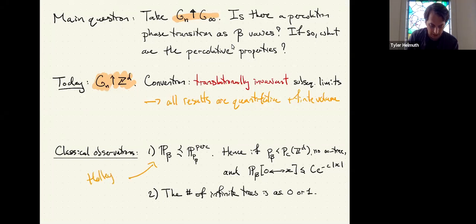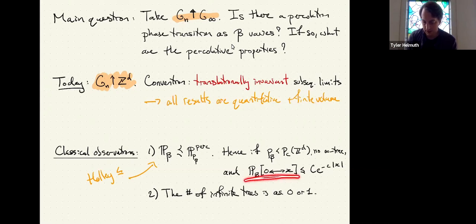And this is sort of easy to prove. It's just Holley's inequality for stochastic domination. So what you learn is that if this parameter p_beta, which is beta over 1 plus beta, is below the critical threshold for bond percolation, then there's no infinite tree or no infinite cluster. In particular, you learn something like the connection probability.